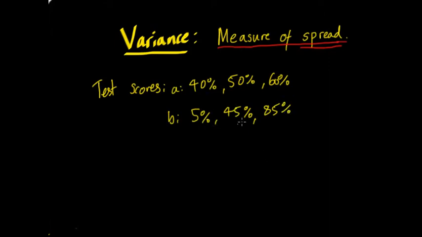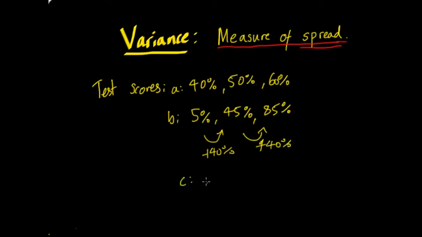You can see from these two data sets that B is more spread out. There's a bigger gap between these values: plus 40% and plus 40%, which is a lot bigger compared to 40, 50, 60.